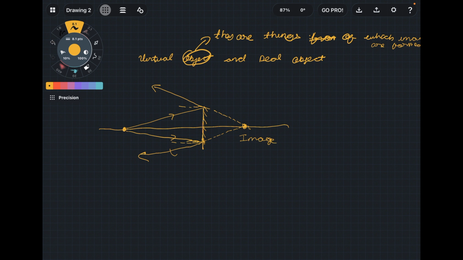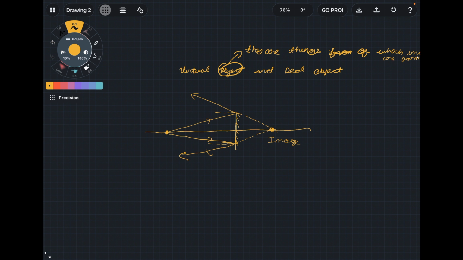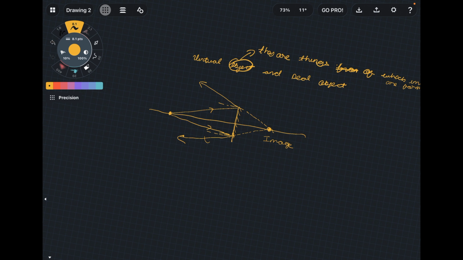And this will be a virtual image as it is formed behind the mirror, and the reflected rays only appear to converge here. They are not actually converging here. To be more precise, they appear to diverge from this point when they are not actually diverging from that point. So, that is why this is a virtual image.